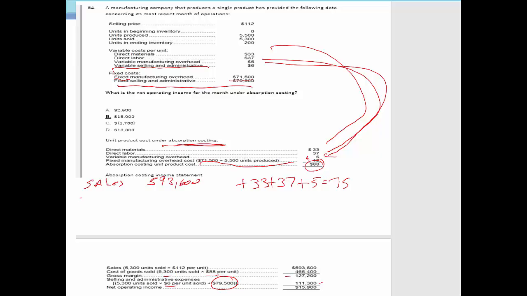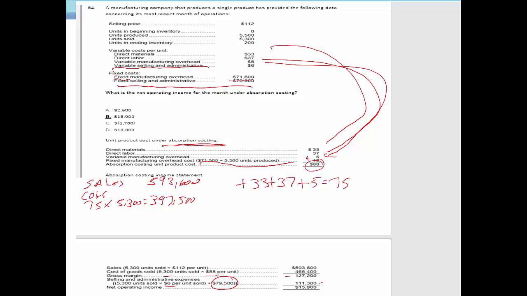Okay, and my variable portion of my cost of goods sold here is going to be 75 times, how many units did they sell here? 5,300. So that gives me what? 397,500, you say? Okay. Okay, good.